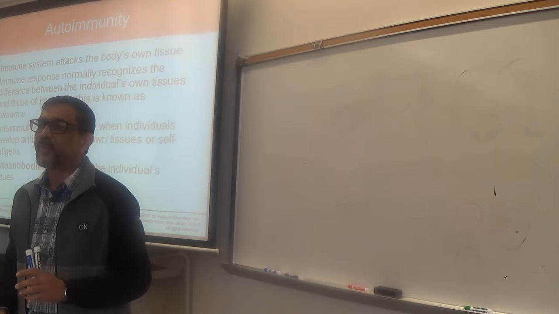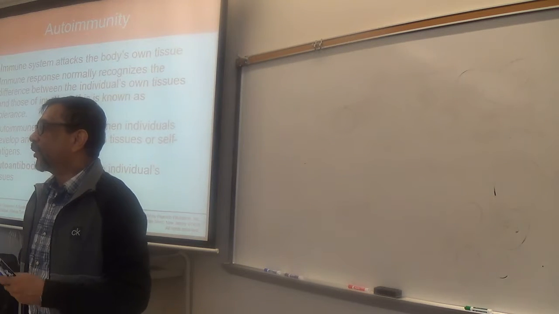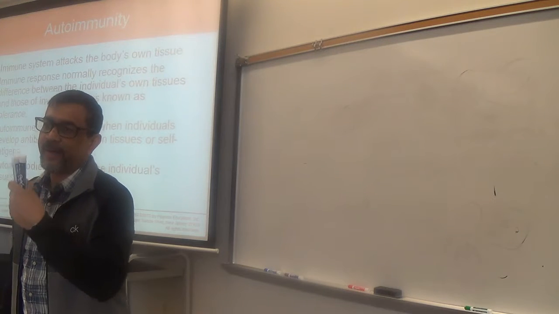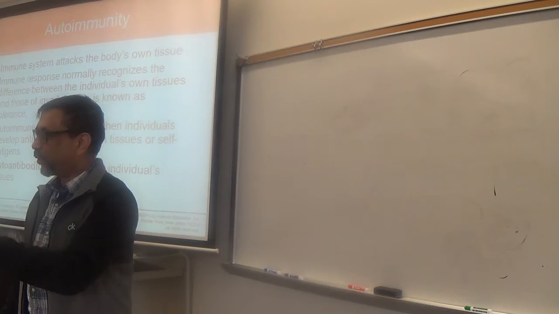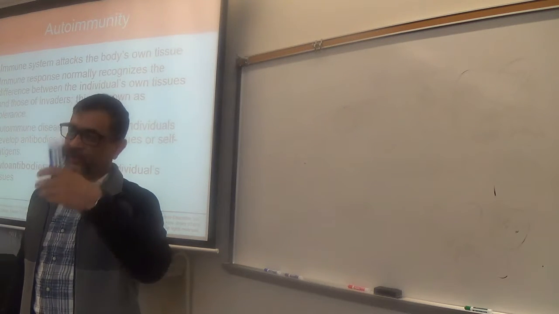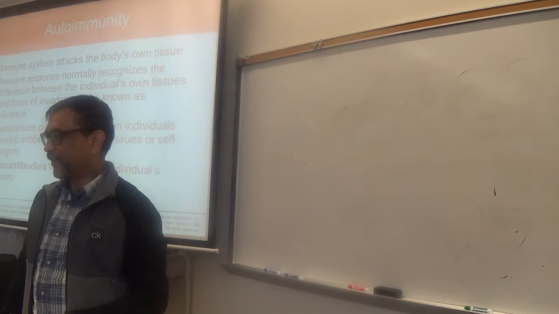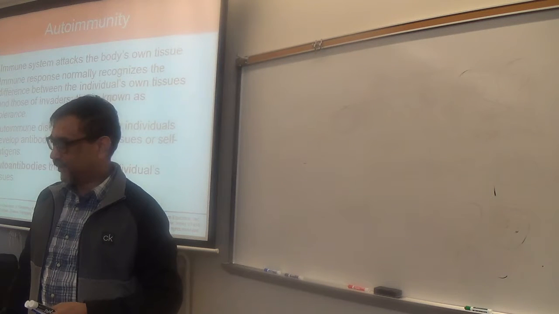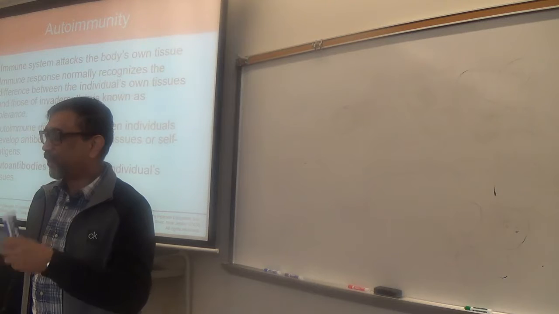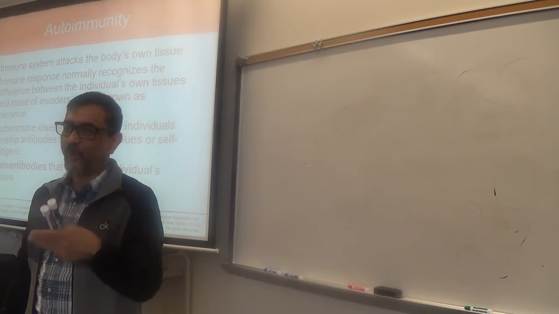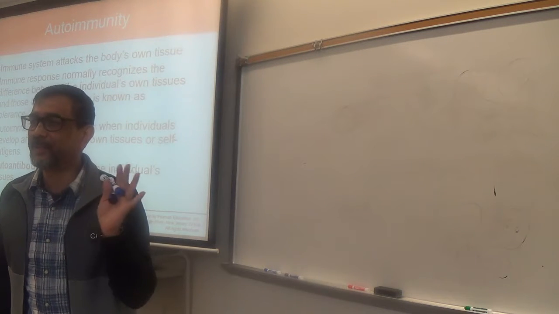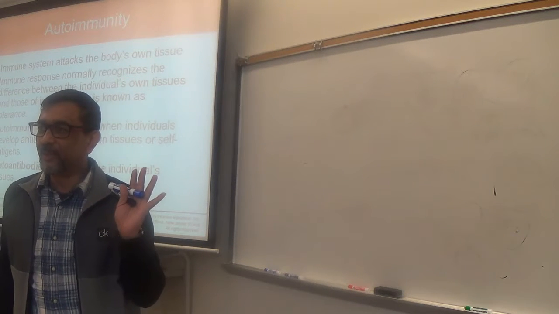Now, sometimes what happens, your immune system becomes hyperactive and starts to consider your own healthy body cells as enemy and starts to destroy the healthy cells. So that is not good, right? So that is called autoimmunity. Your own body is fighting against your own healthy cells. Make sense?